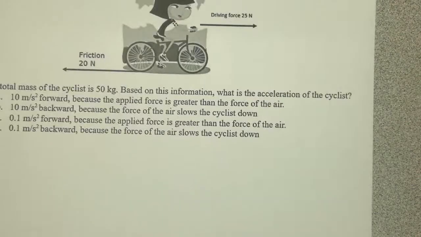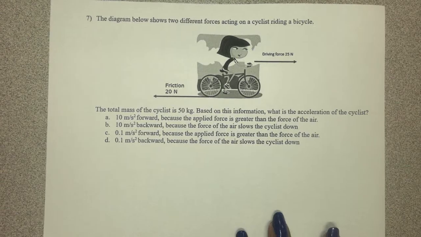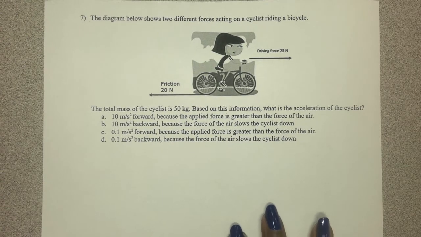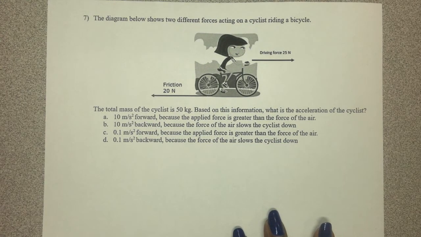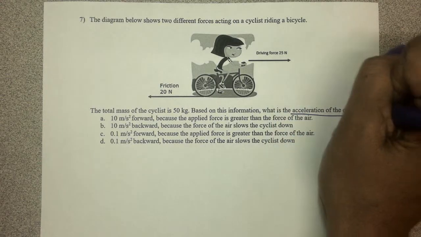Okay, last thing I'm going to go over is this here. Okay, so it says, the diagram below shows two different forces acting on a cyclist riding a bicycle. If the total mass of the cyclist is 50 kilograms, based on the information, what is the acceleration of the cyclist?